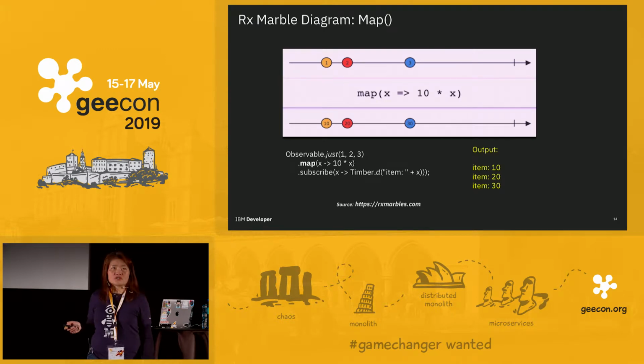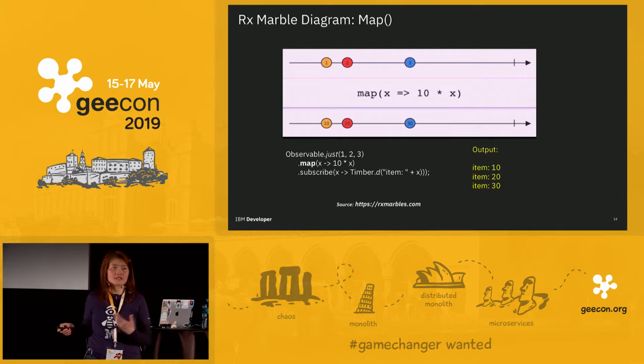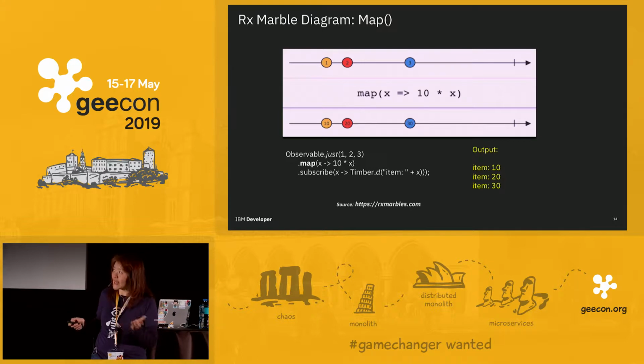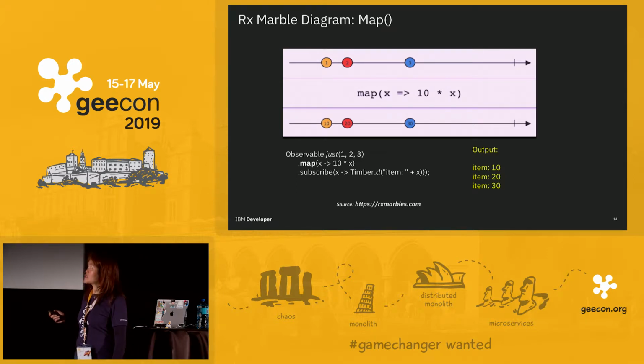And then the consumer that consumes the result is right here. It's basically doing a dot subscribe, which tells it what to do. In this case, it prints out using Timber, timber.d. When you run this, you see output item 10, item 20, and item 30.